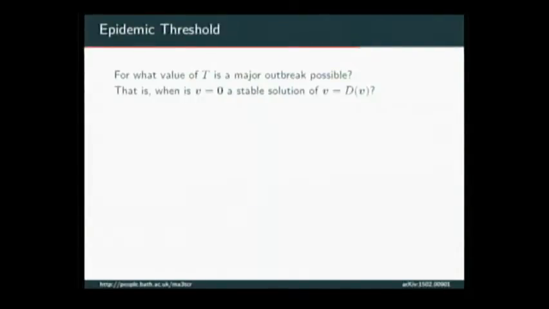So what I'm really asking is, if I want to know when an outbreak is going to happen, I claim that there was this equation that you could iterate to find the probabilities of getting sick. So what I'm really asking is when is 0 a stable solution of that, right?